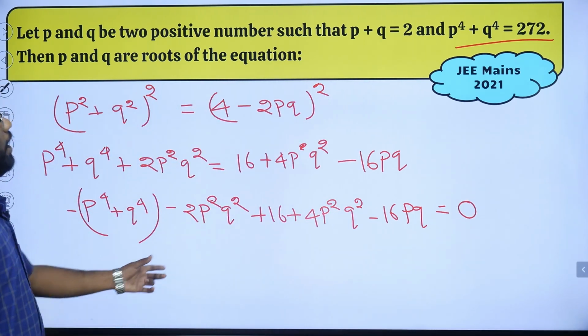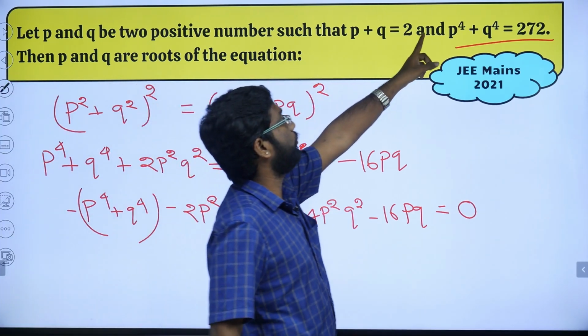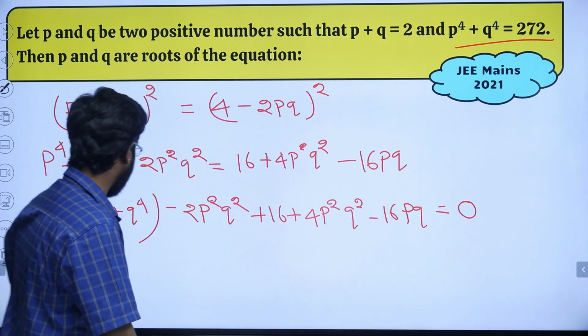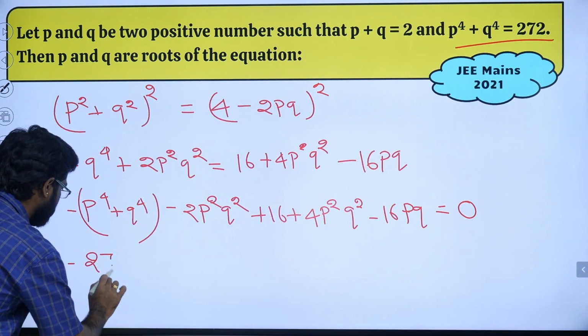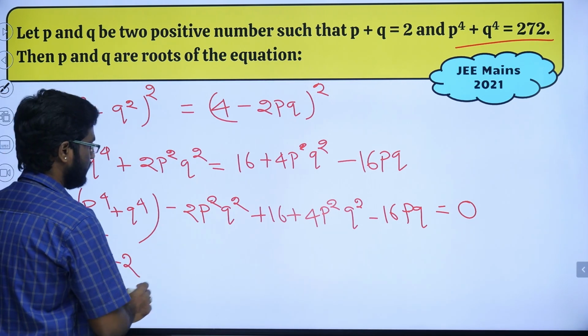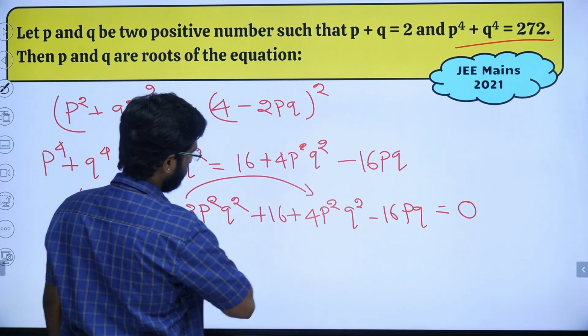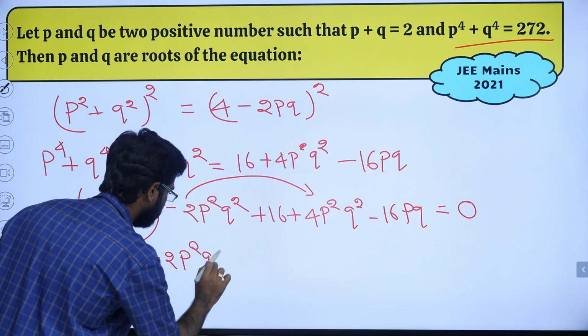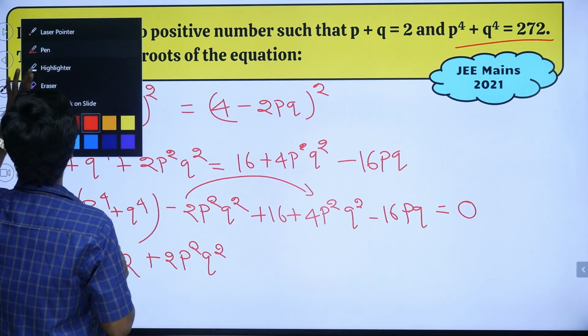Already we have found P power 4 plus Q power 4, they have given 272. So the answer is minus 272, now we have to do this, plus 2 P square Q square.